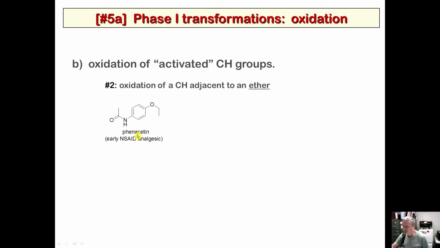Well, anyway, so you've got an ether here, and ethers can be oxidatively cleaved with P450. Same kind of thing. P450 oxidizes the activated CH. Why is it activated? To envision the activation, imagine a radical. If you have a radical, you can actually draw a radical resonance with the oxygen. So there's a little bit of radical resonance.